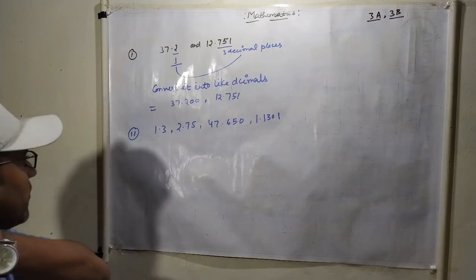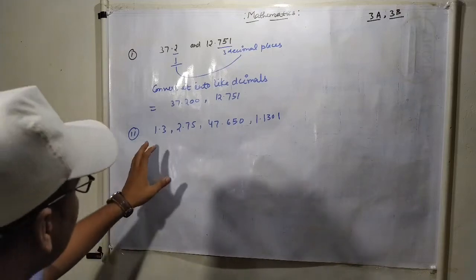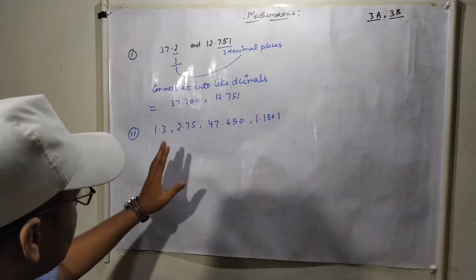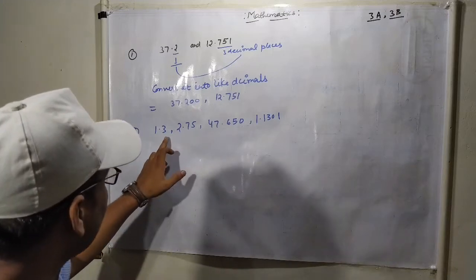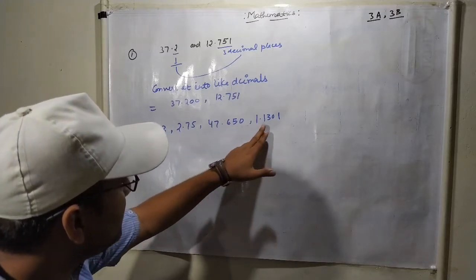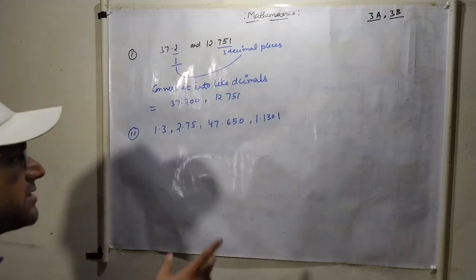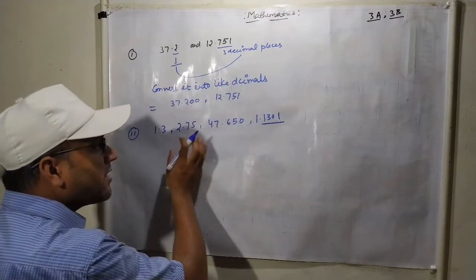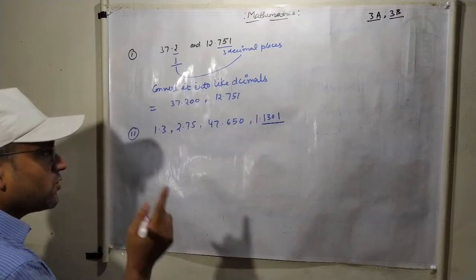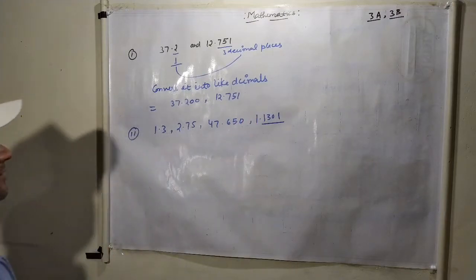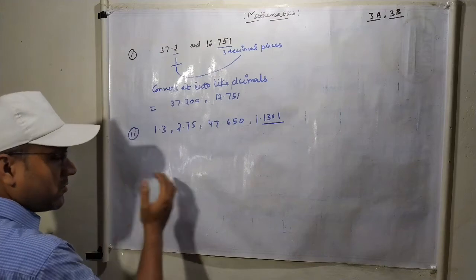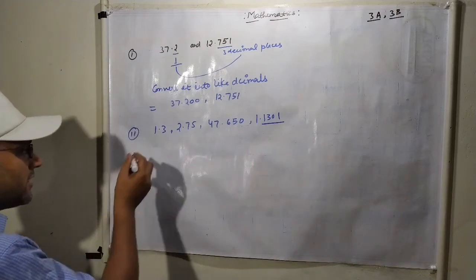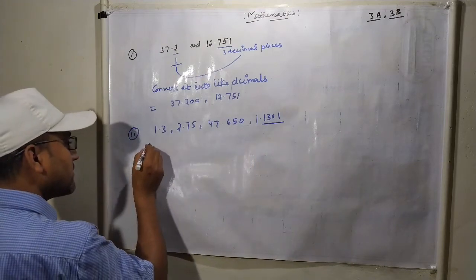There are 4 numbers. In that, your aim is to find the maximum decimal places. Here is 1, 2, here is 3, here is 4. So maximum decimal places is 4. So our aim is to change the other numbers to 4 decimal places. So what will you do? You can add 0 to the right side of your given decimal numbers.